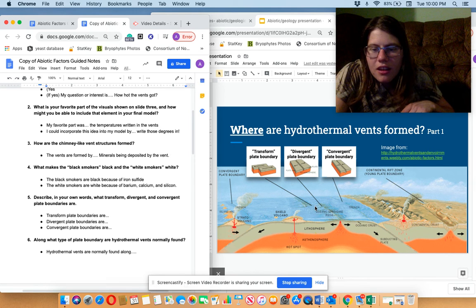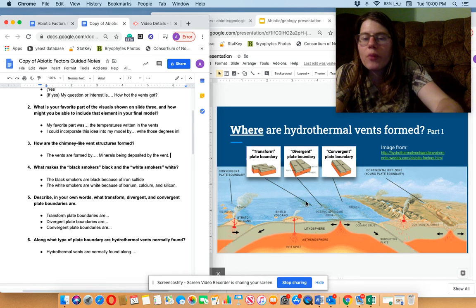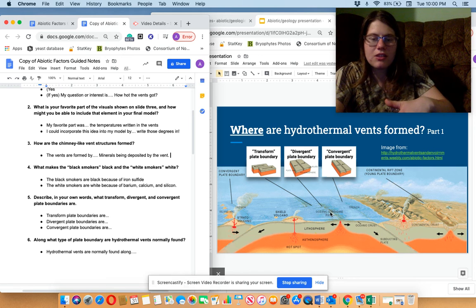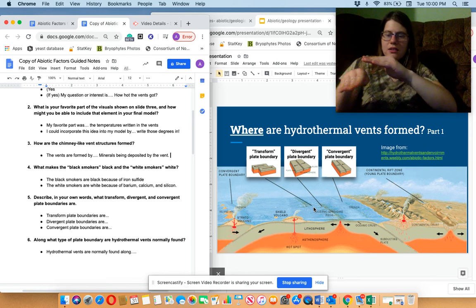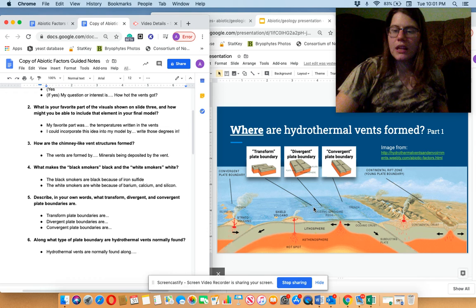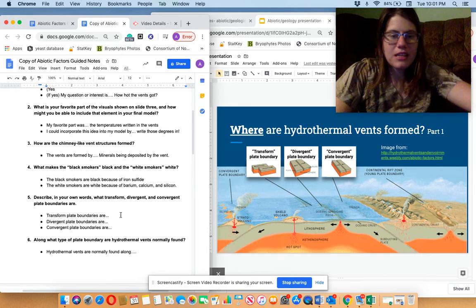Kind of hard to see, but here and here they're moving side by side. Like the divergent ones, some are moving apart faster and some are moving apart slower. So that's why sometimes along here, see how this line doesn't line up? That's because right there, they're moving side to side. So yep, that's the different types of boundaries.